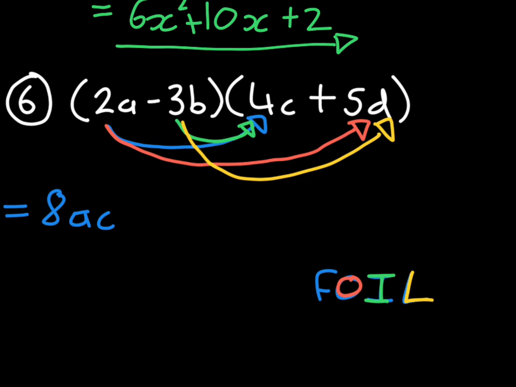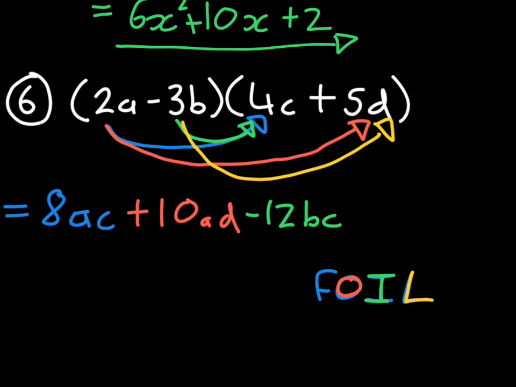Next is O for outer, so we're going to multiply 2a by 5d. 2 times 5 gives us 10, so that becomes 10, and a times d is ad. Next is I for inner. We're going to multiply negative 3b by 4c. Minus 3 times 4 is minus 12. B times c is just bc.